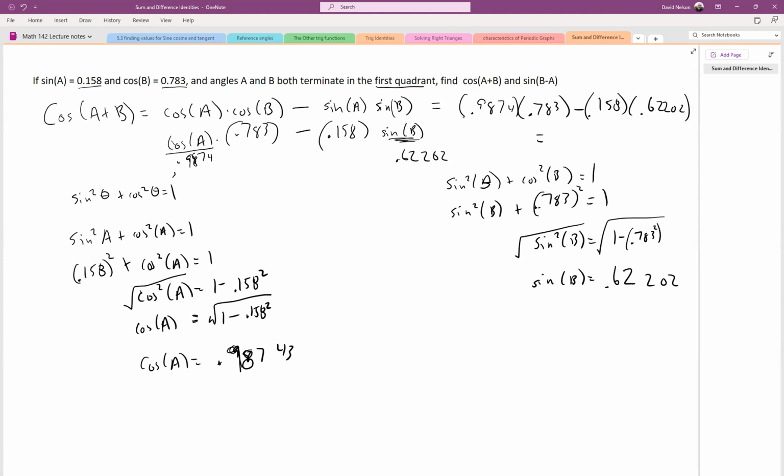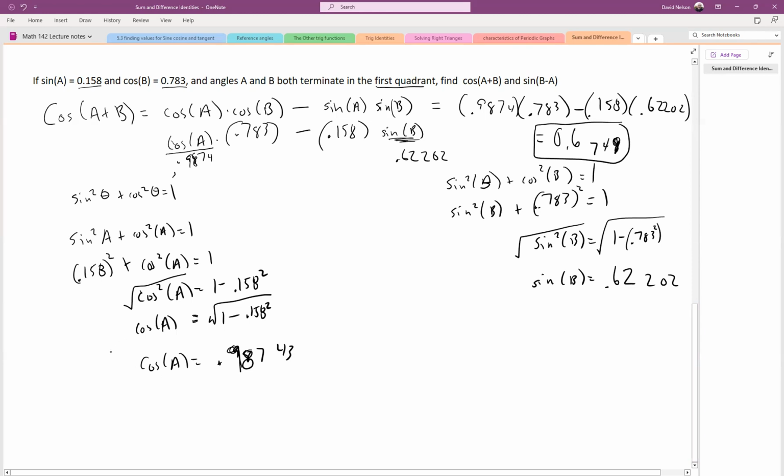Okay, yeah, 0.98743 is right. So I want to take that 0.98743, multiply by 0.783, and then subtract 0.158 times 0.62202, and to 4 decimal places, I'm getting a value of 0.674849. If I round to 4 decimal points, 0.6748 for cosine of A plus B.